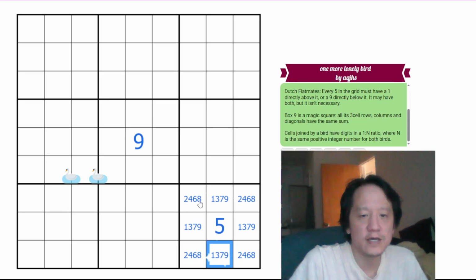That means a 9 can be in the upper left box for 2, 4, boxes 2, 4, 6, and 8. Sorry, no. It's 1, 3, 5, and 9. Hold up.